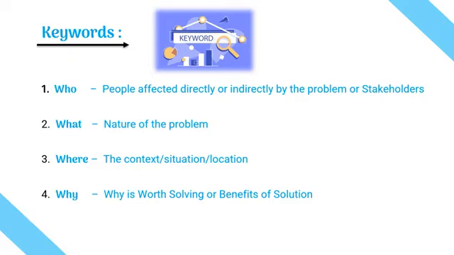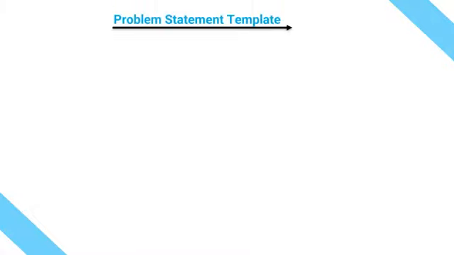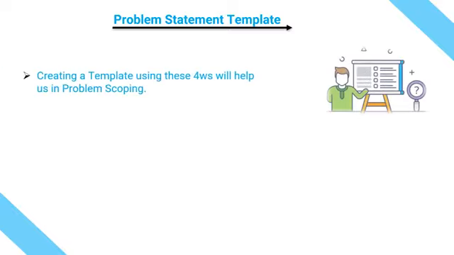Okay, before I proceed, ensure that you are clear with the 4 W's of problem scoping. Now, we know about these 4 W's and we can use them in problem scoping. But the question is how? For this, we can create a template using these 4 W's, which will help us in problem scoping.